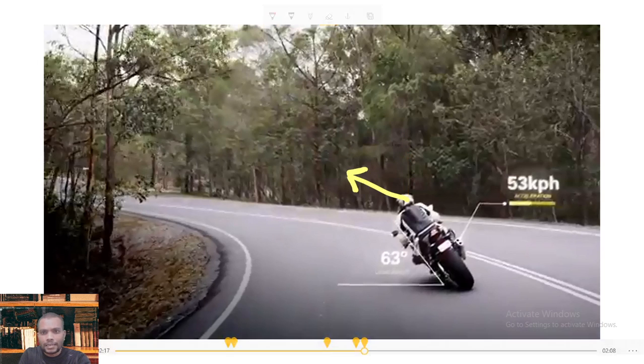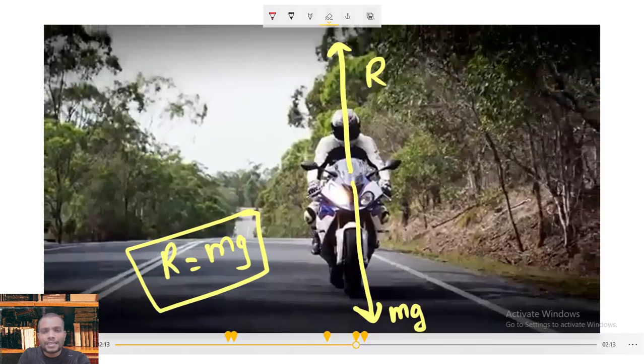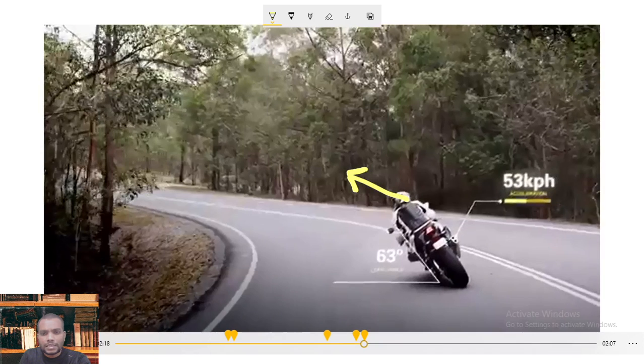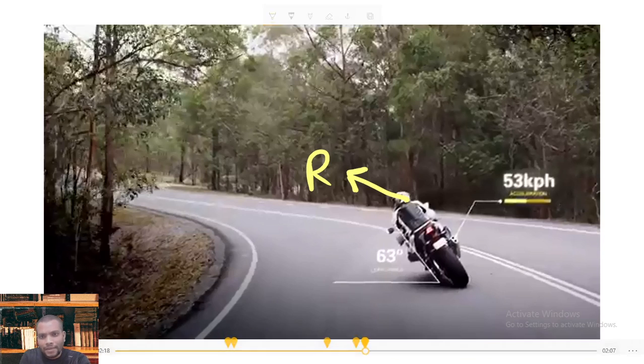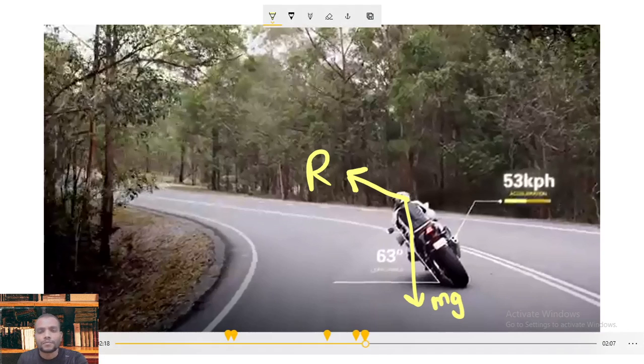If you take a step back, this is the earlier case, where the normal reaction force R exactly balances the weight. But when it comes to turns, now the R has changed. Now the normal reaction force has changed, but the weight does not change. Weight is mg, which is in the downward direction.